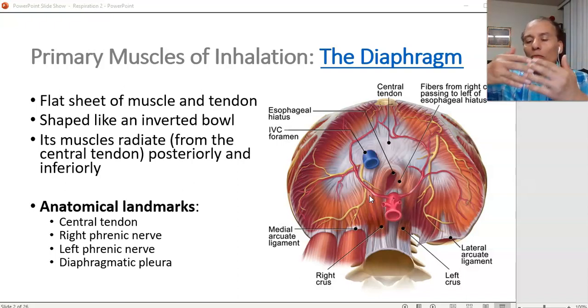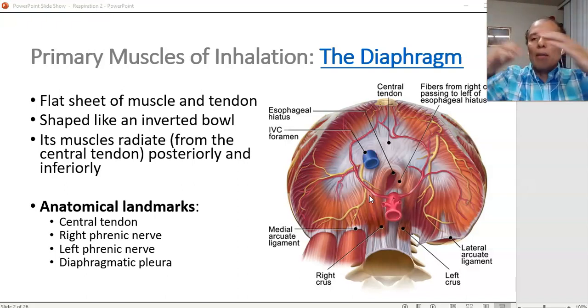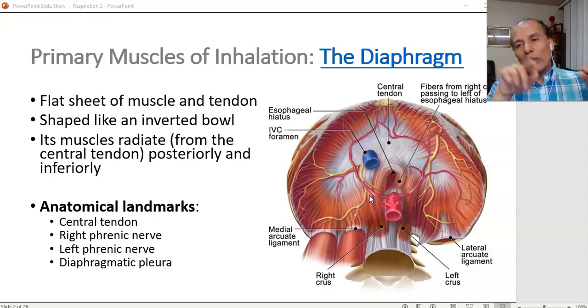And then on top of that, you have one lung sitting here and the other lung sitting here. We said last time that the pulmonary pleura, the lining of the lungs, the inferior surface of it comes in contact with the diaphragmatic pleura.